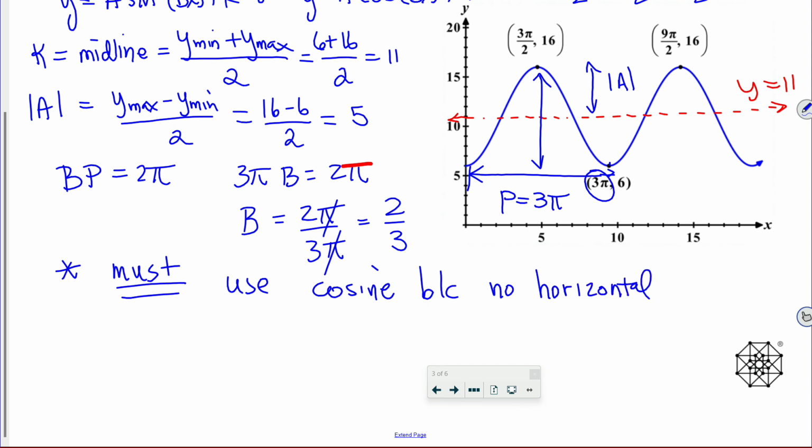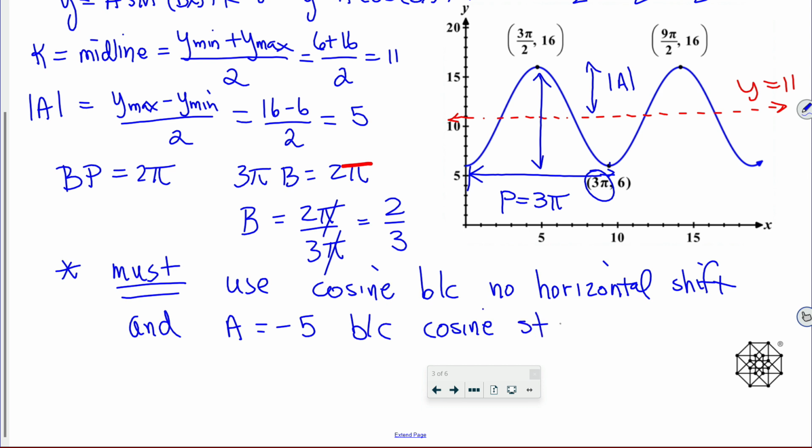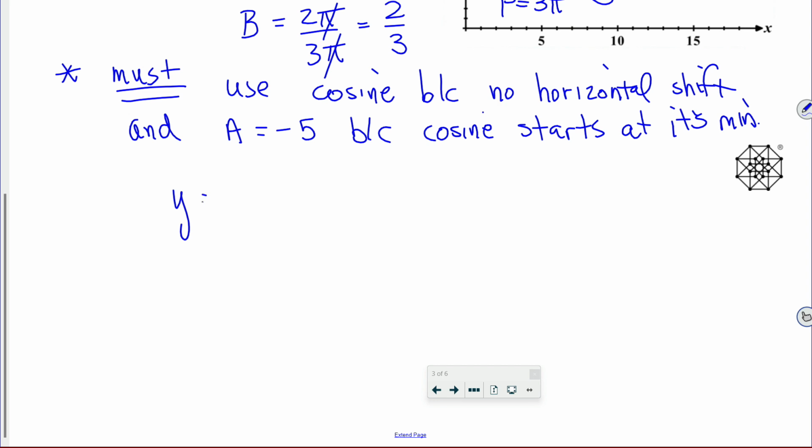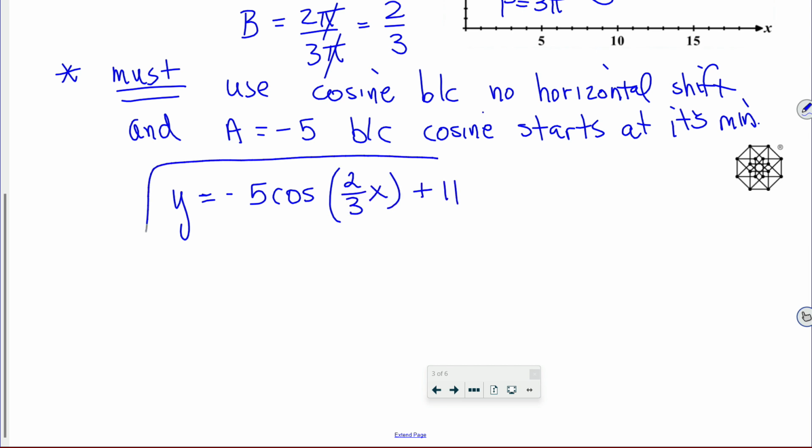Now, if we had a horizontal shift, as we'll see in a little bit, we could use either one of them. And a must be -5 because cosine starts at its min, and therefore we have y equals -5 times the cosine of 2/3 x plus 11.